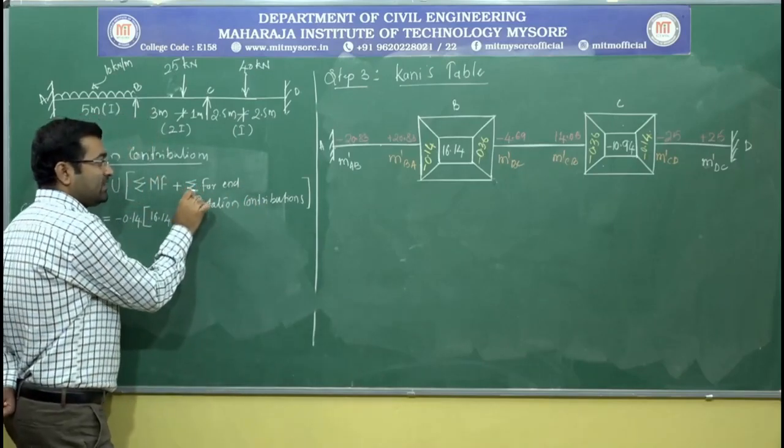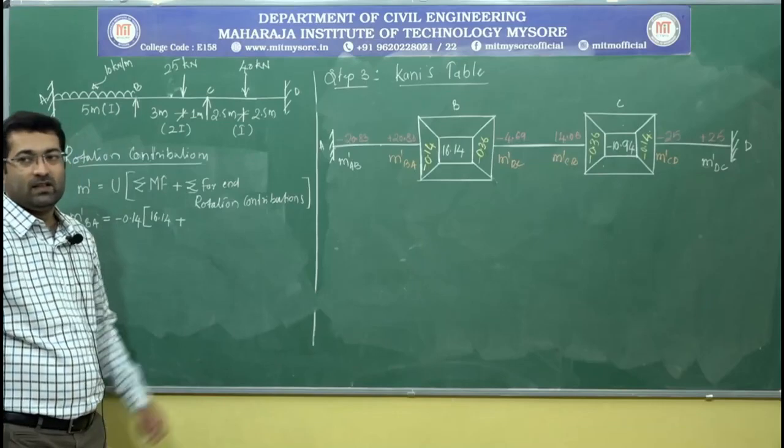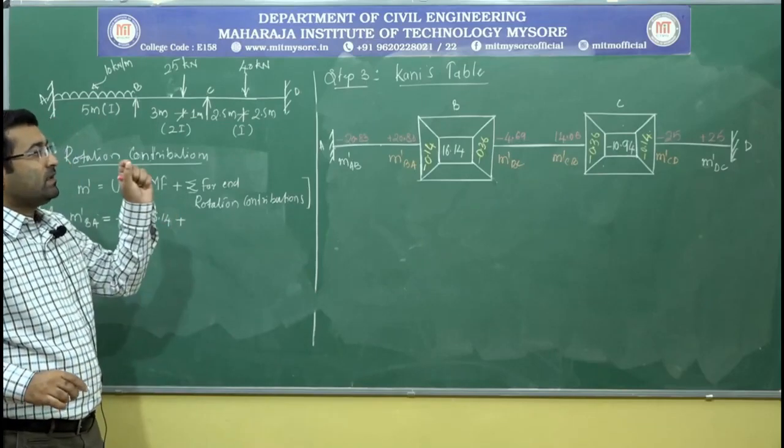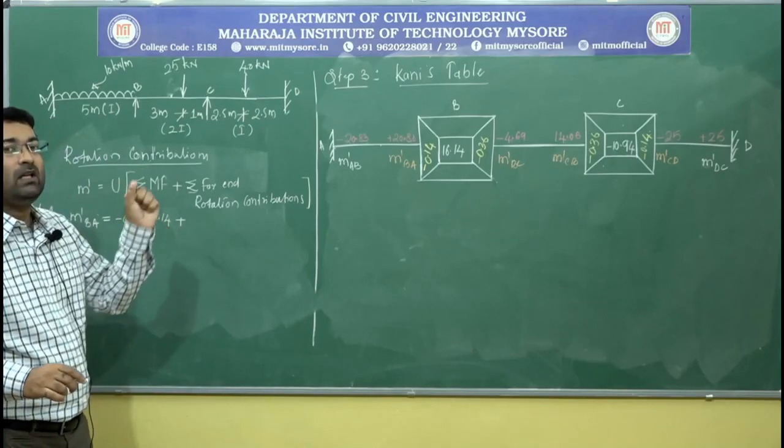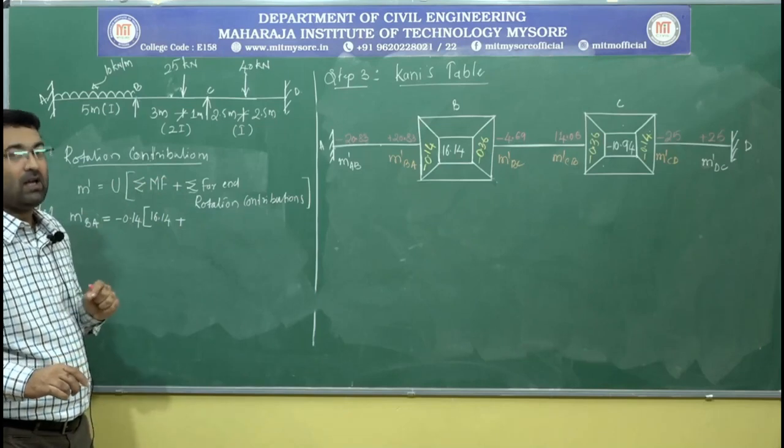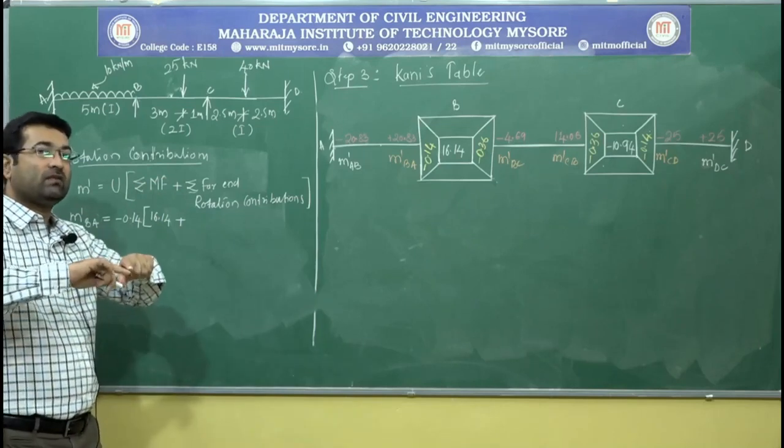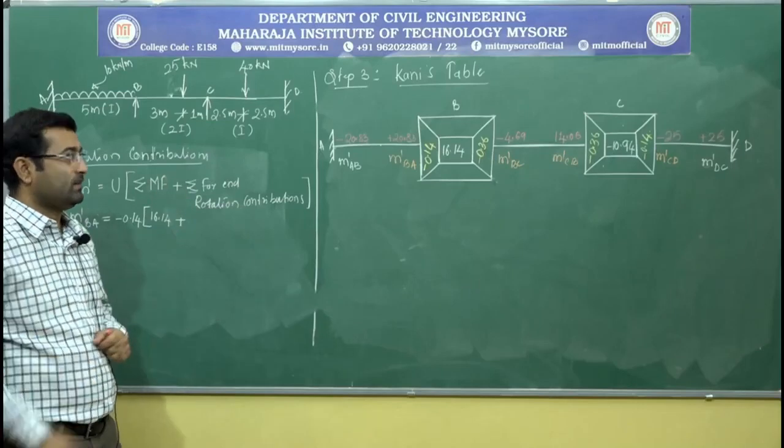As it says algebraic sum, we need to observe at joint B how many members we have and what are the rotation contributions of those members at the far end.